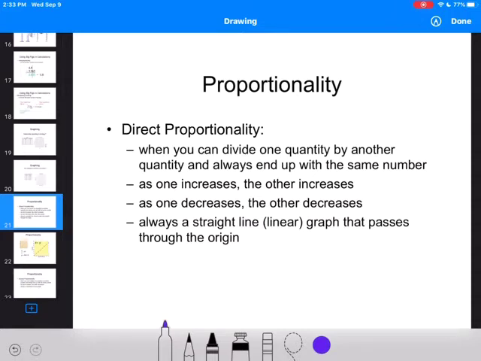And in order to be direct, that's pretty much this, it gives you the direct. However, the proportionality part comes from the fact that the differences are equally spaced. So if I have equally spaced and I've got that nice straight line or linear graph that goes through the origin, I can then say it's directly proportional.